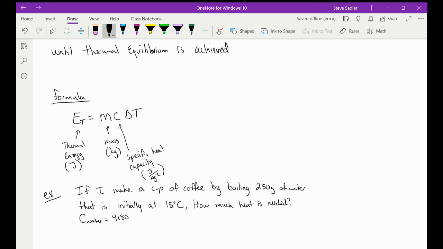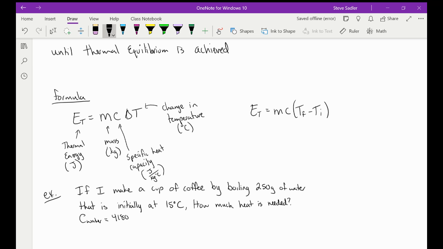Joules divided by kilograms degrees Celsius. And delta T is the change in temperature in degrees Celsius. So this formula can also be written as ET is equal to MC multiplied by, we know delta T is temperature final minus temperature initial.